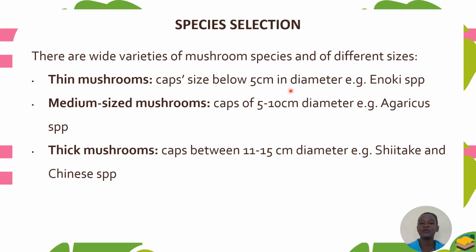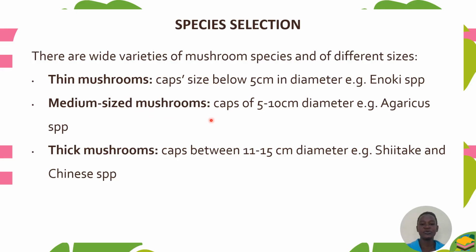So there are several varieties of mushroom with a thin mushroom. A good example is enoki species. Then we have medium-sized mushroom.